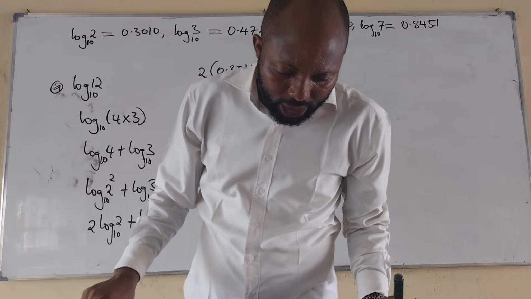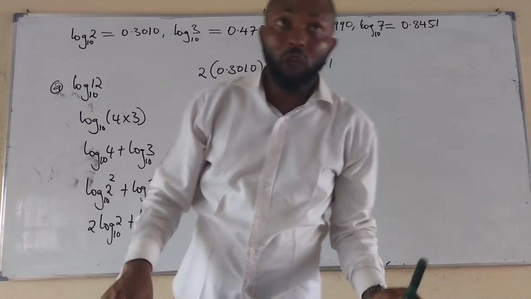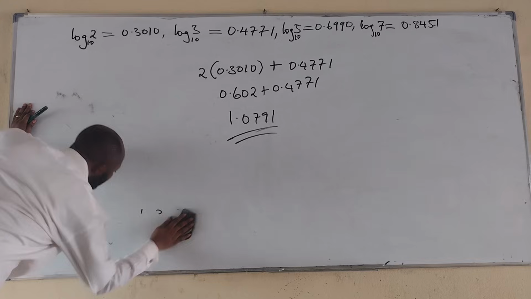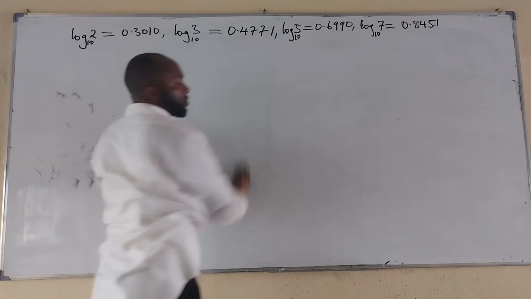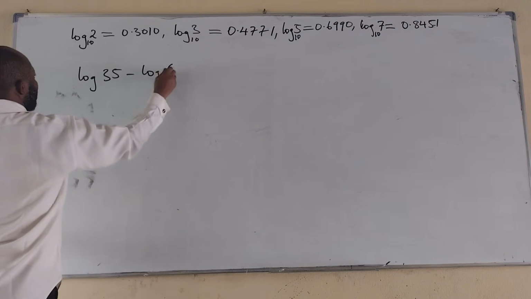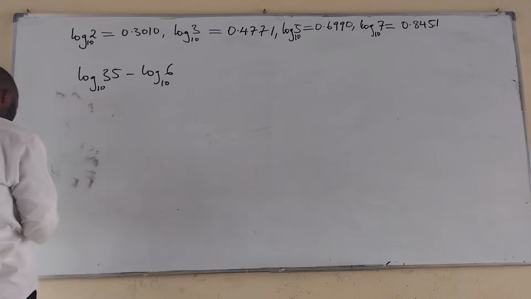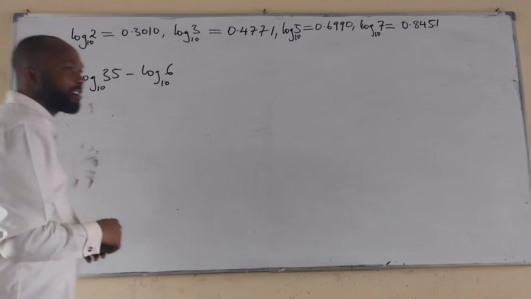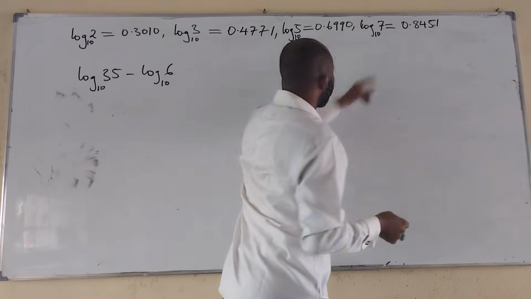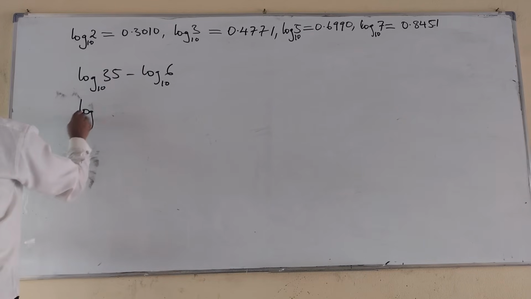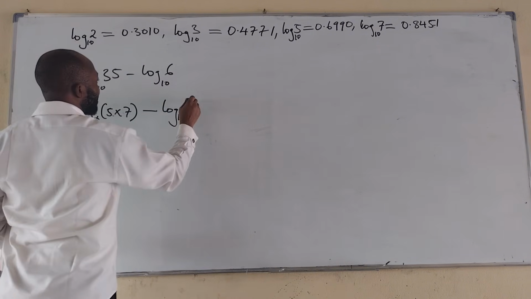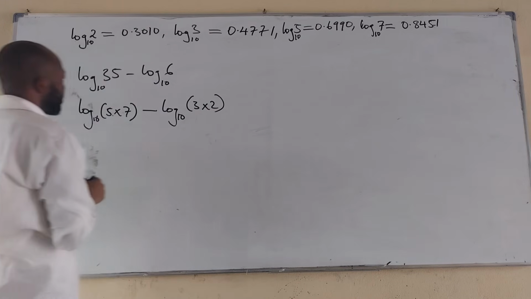Now the next one is log 35 minus log 6 in base 10. 35 is the same thing as 5 times 7, so I have 5 and 7. And 6 is 3 times 2, so I have 3 and 2.